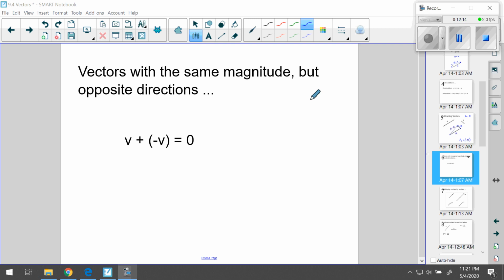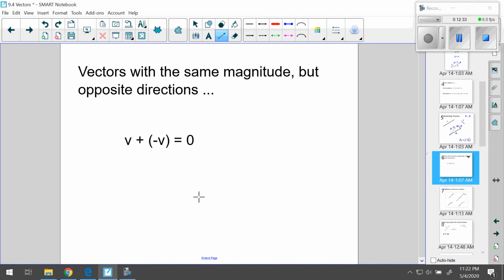It's also important to point out that vectors with the same magnitude, so the same distance, but going in opposite directions, will always sum to 0. We could represent that by saying v for vector plus negative v would just be 0. That's going to be true algebraically, but also graphically.